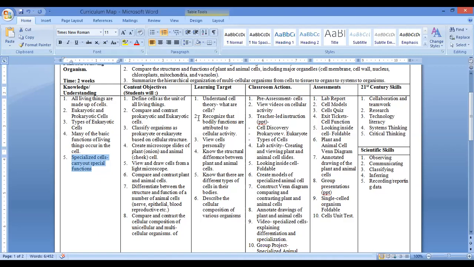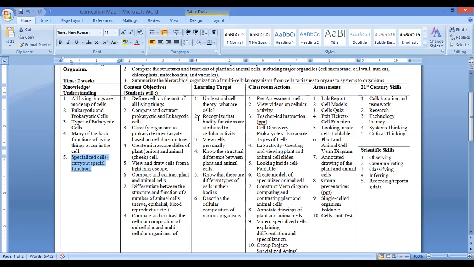Now, out of all of this, we do have several learning targets: understanding the cell theory, more importantly, just what are cells, how were cells discovered, and how it is that the light microscope was actually invented so as to be able to see cells. We're continuing, of course, with recognizing the different functions that our bodies carry out and how these can be attributed to cellular activity.